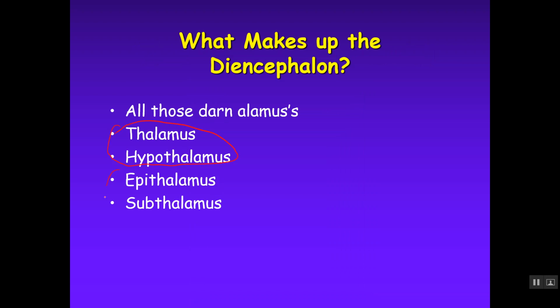Some people will consider the epithalamus and subthalamus as part of the diencephalon, but di is two, and you have two thalami, one on each side. So I don't know what they mean by diencephalon, but effectively it's really the thalamus and hypothalamus. But anything with an "alamus" on it is really part of the functional makeup of what some people consider the full diencephalon.